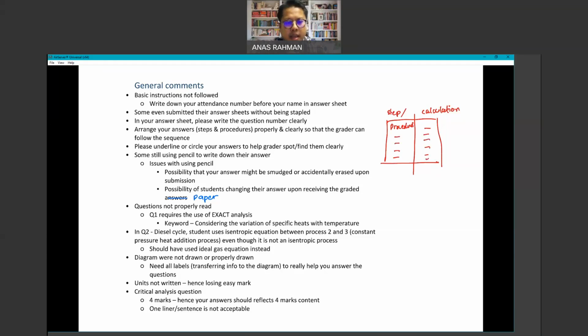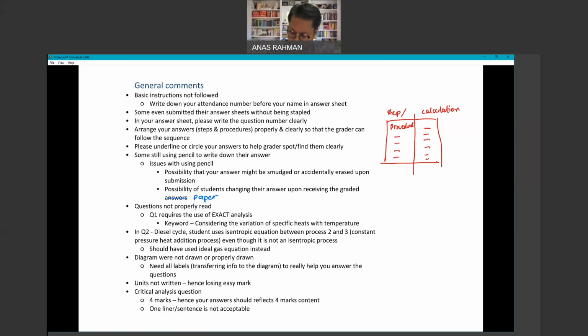Next, because for each question, there is a part A, part B, part C, or part D, or question 1A, 1B, 1C, and 1D, please help your grader to find your answer easily by underlining or circling your answer.